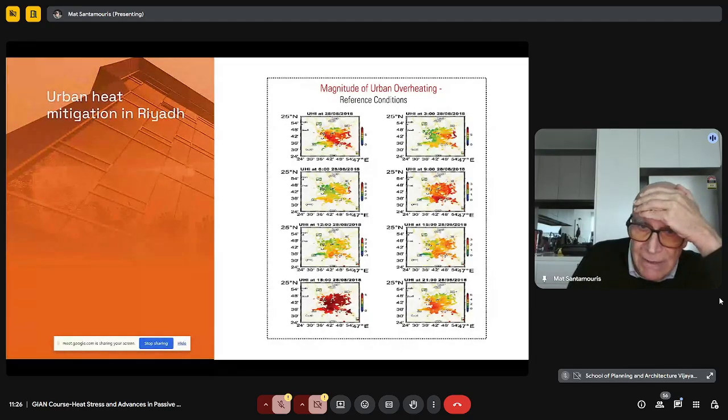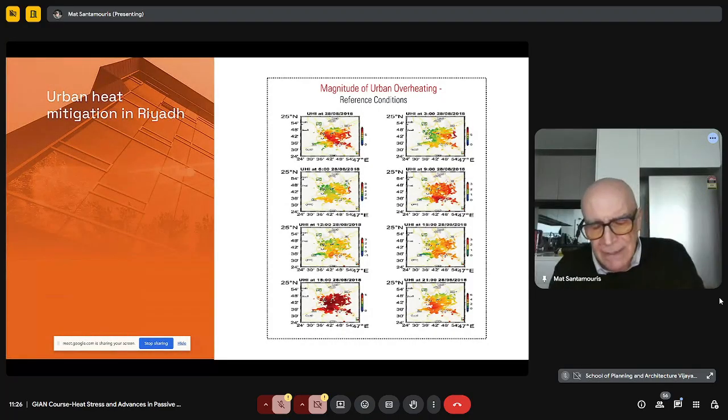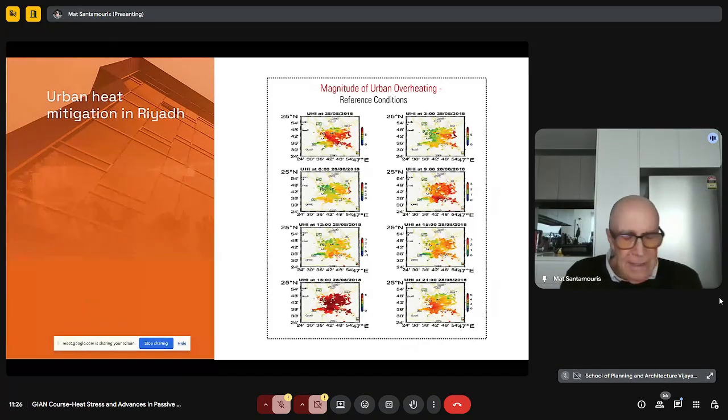But during the day, the urban heat island intensity may go up to 4 or 5 degrees. So we know what is happening in the urban areas, but also in the reference areas.